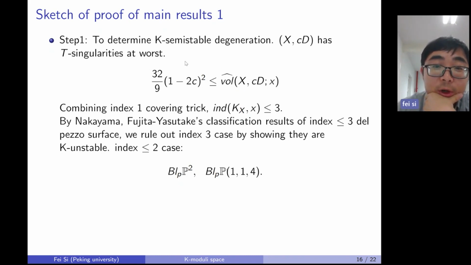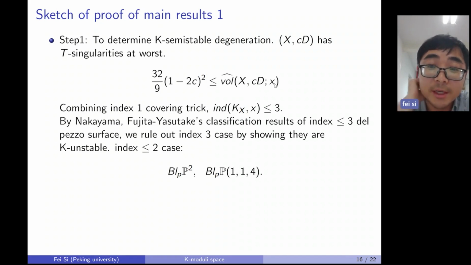Using the local-to-global volume comparison, we have such an inequality in our case. On the left-hand side is just the global volume. On the right-hand side is just the normalized volume. If the normalized volume is large, it says that the singularity is better.